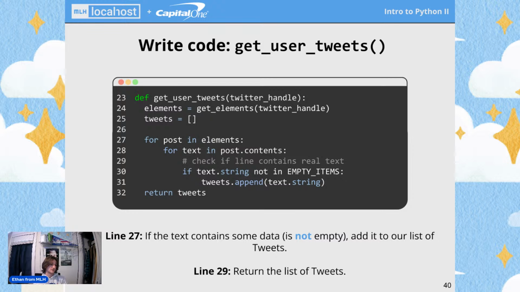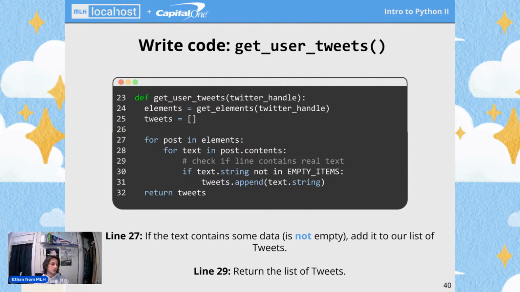We don't want the newline character. These are all things that are going to be absorbed when you make it into a BeautifulSoup object. If you don't say not in empty items, you're going to have some extra NoneType or newline characters stored, which we don't need because they're not really text. They're just empty things in the tweet object.